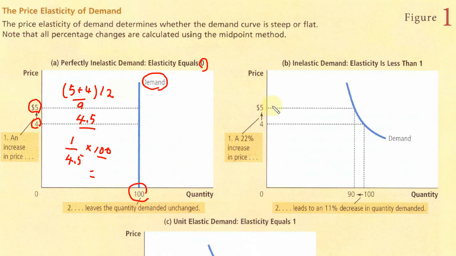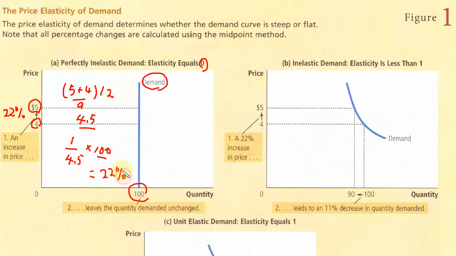In this case, see that this is a 22% increase, right? Even though we have a 22% increase, and then look at this, this is a 20% increase. We divide, this is 22%, right?